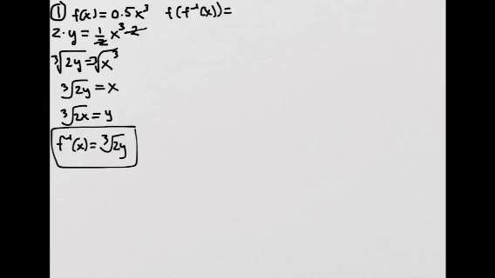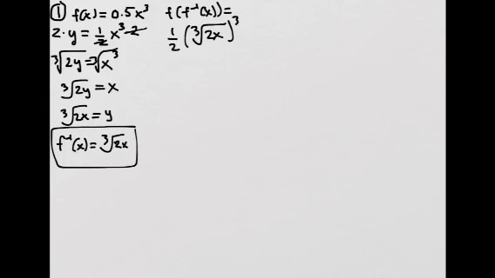So that means that I'm going to take the 1/2 x cubed, and instead of x, I'm going to put in cube root. Oops, I wrote y in, sorry, just realized I wrote a y in here. Should be 2x. So I'm going to put cube root of 2x cubed.